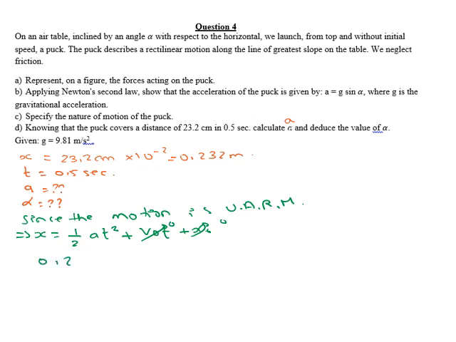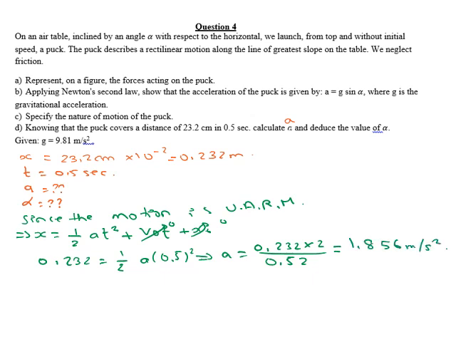So 0.232 equals 1 over 2 times a times 0.5 squared. a equals 0.232 times 2 over 0.5 squared, which gives us 1.856 meters per second squared. a equals g times sine alpha.